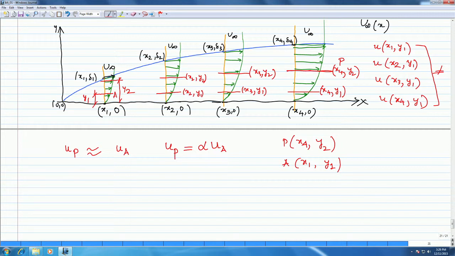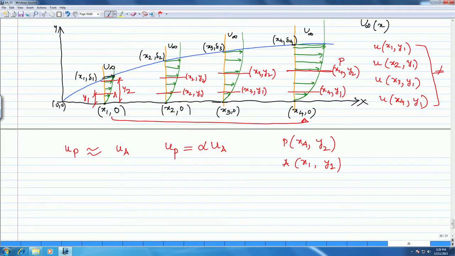But what I am basically trying to say is that if I take this profile located at x1, I can actually map this picture onto here.